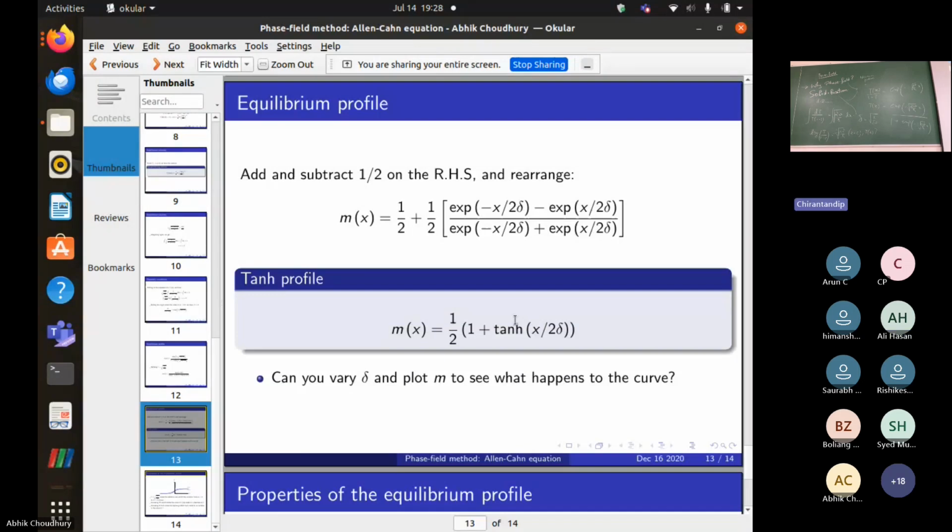Okay, you take the half, and what is inside that bracket is a tan hyperbolic. So how does the tan hyperbolic look? It looks precisely as you wanted it.